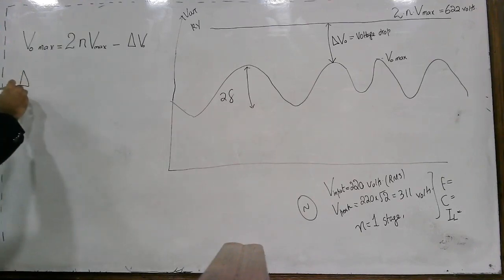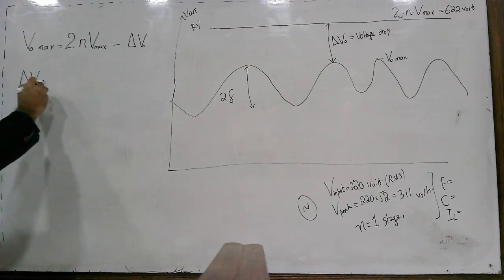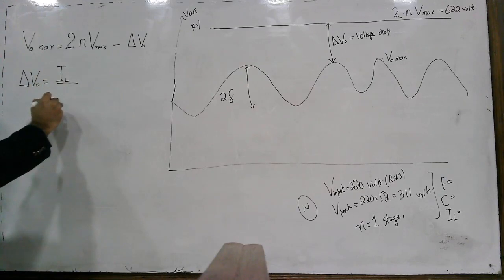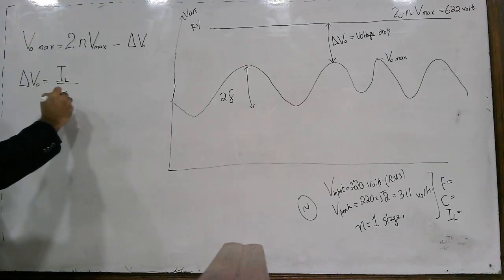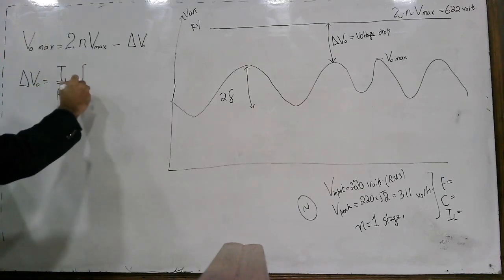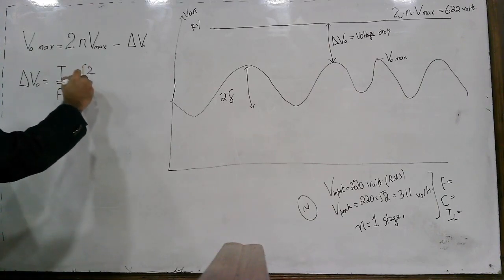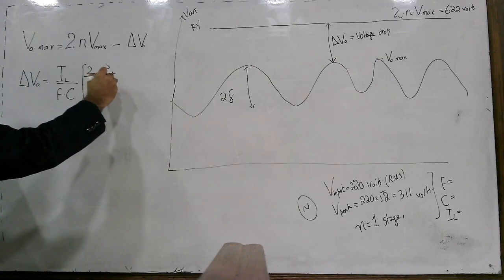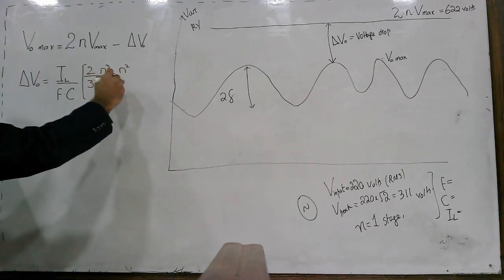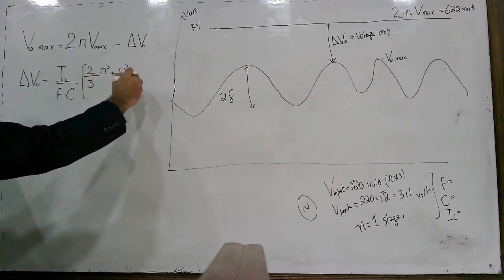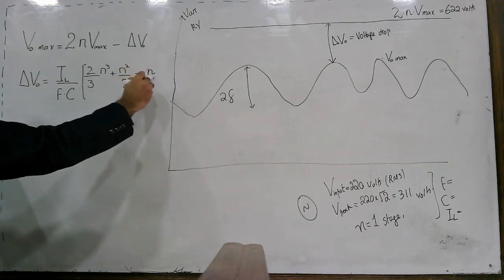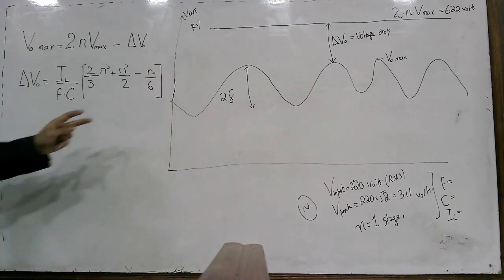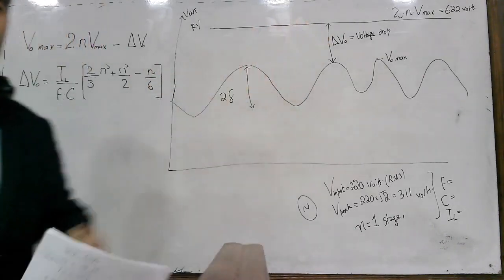This voltage drop is equal to the load current divided by the supply frequency multiplied by the capacitor, times 2 by 3 n cube plus n square by 2 minus n by 6. So this equation gives us this value for our Cockcroft-Walton multiplier circuit.